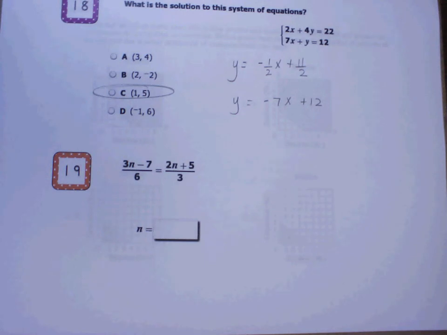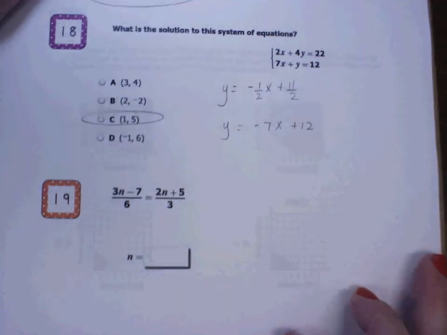Did anybody have a chance to solve this? What do we get? Nobody? You got 8? 2.8. No, it's not a decimal. 2/3 is a decimal.